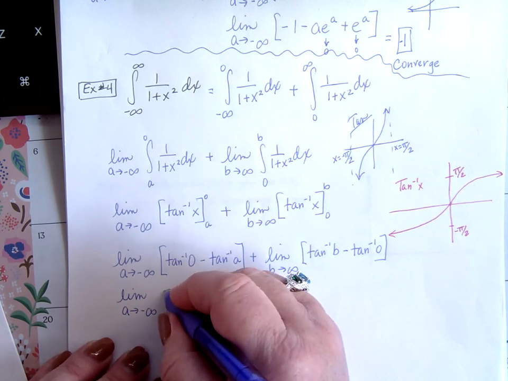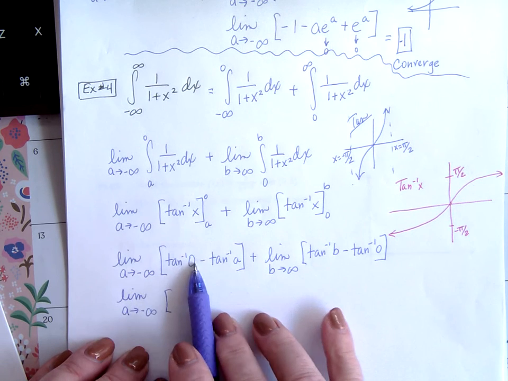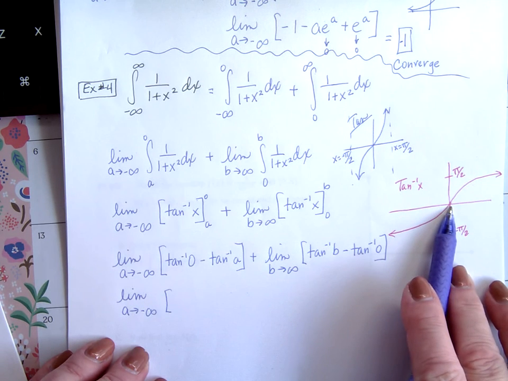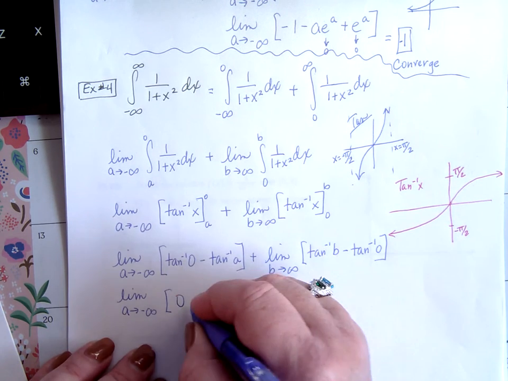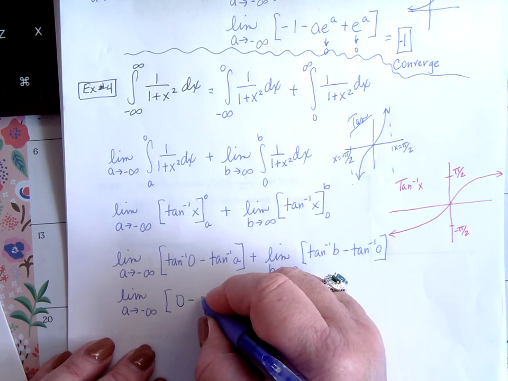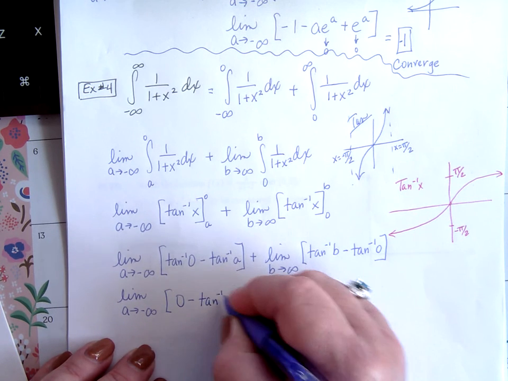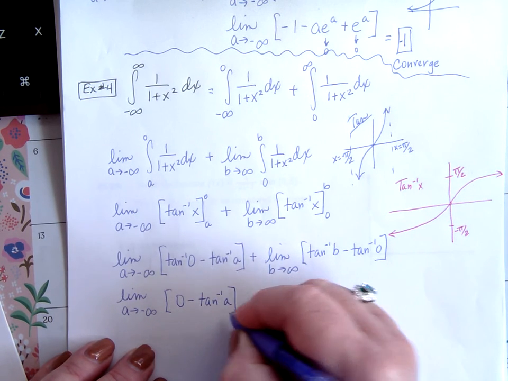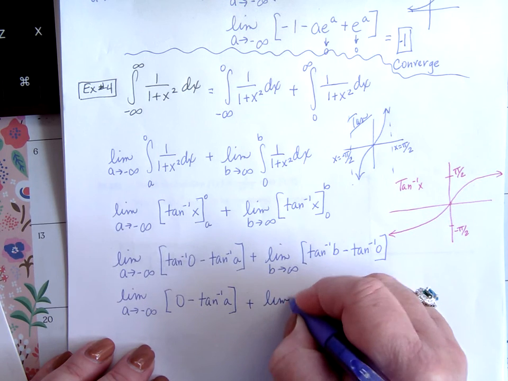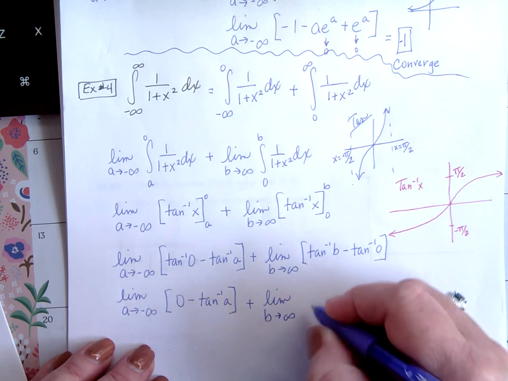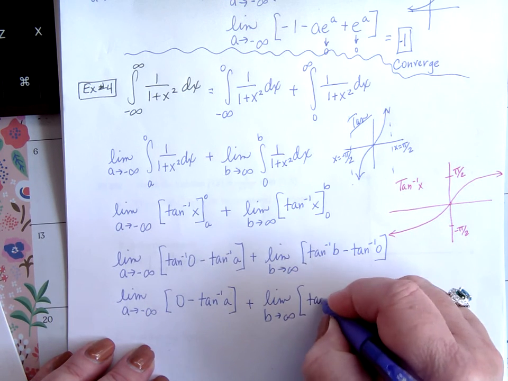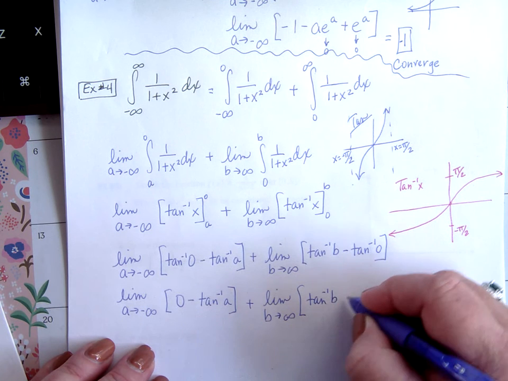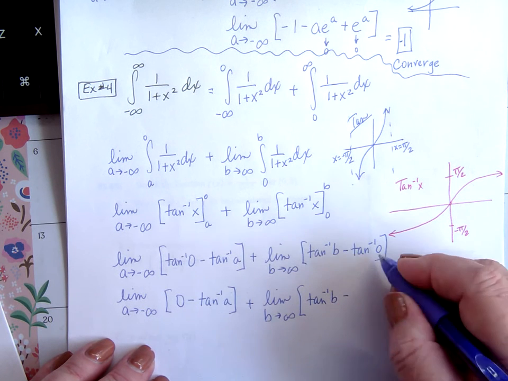The inverse tangent at 0 is 0. Tangent -1 of a. The limit as b approaches infinity, tangent to the -1 of b, minus, again, my tangent to the -1 of 0 is 0.